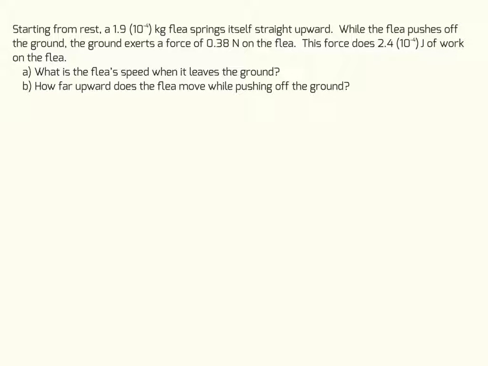Okay, so to start here, I just want to list all the stuff that we know. So we know V initial is 0 meters per second because it's starting from rest. We know the mass of the flea, which is 1.9 times 10 to the negative 4th kilograms.